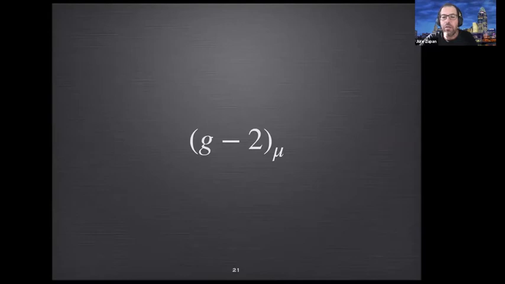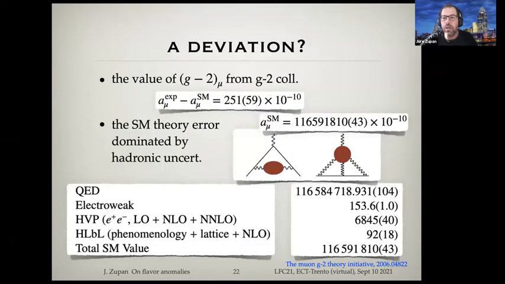All right, so G minus 2 of the muon. Here, I think the big question is whether we understand the standard model prediction. There is an incredible effort by the theory community to understand the theory prediction.